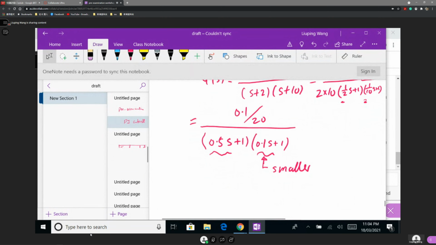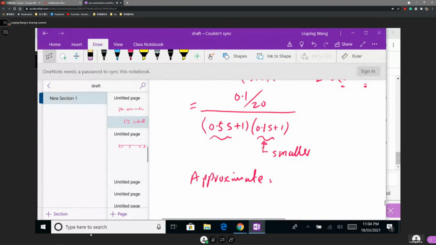So what I'm going to do is I'm going to approximate 1 over (0.1 s plus 1) like that. So this guy is approximately equal to 1, right?